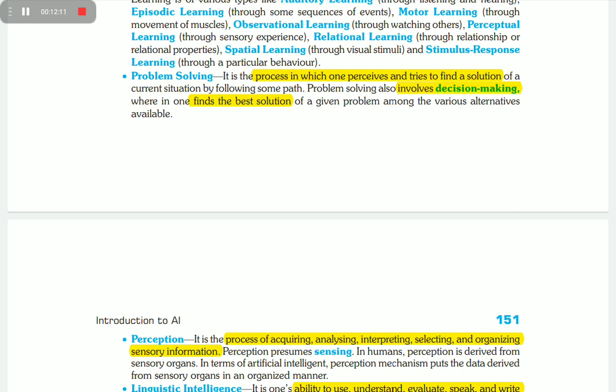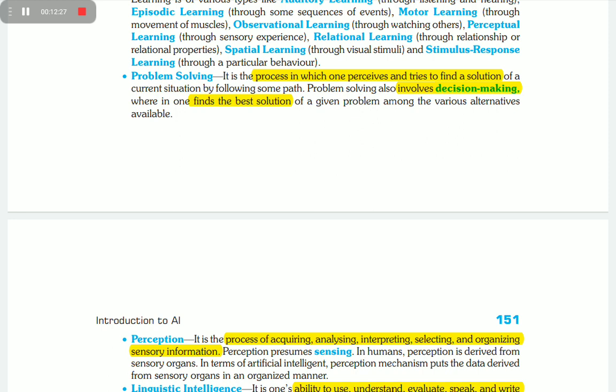Decision making is like, should I do this or should I do that? What should I do? That is decision making. So problem solving also includes decision making, where one finds the best solution of a given problem.